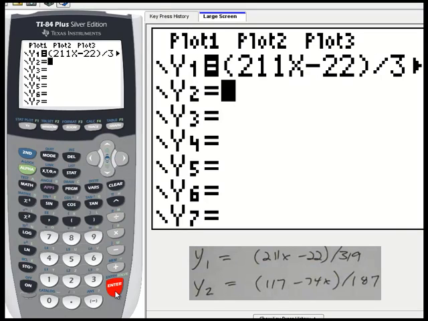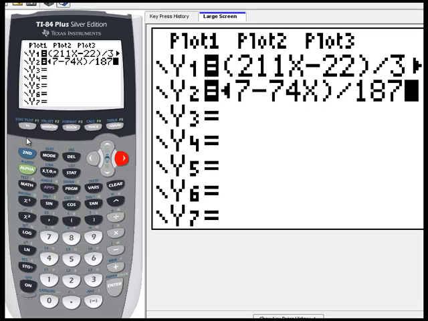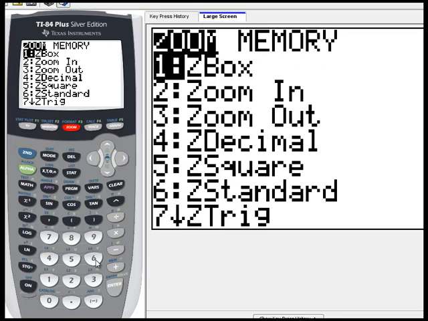Okay, let's go to y2, for which we have developed parenthesis 117 minus 74x, parenthesis divided by 187. Okay, we can take a look at a standard coordinate system by doing zoom 6.